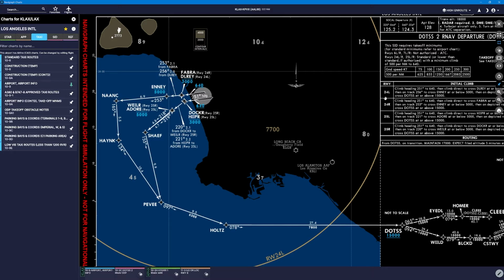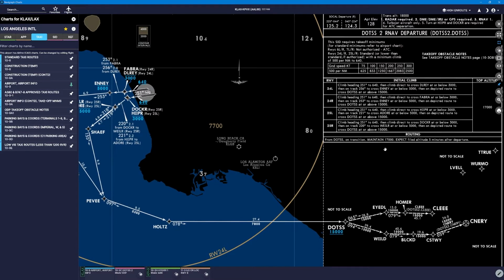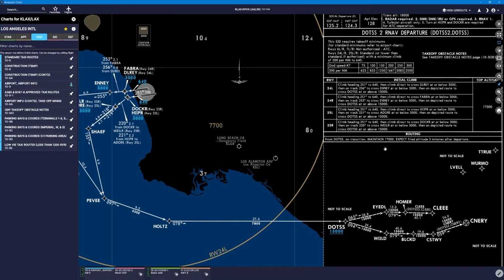Now if we come over here, 24 left is right here, and there are instructions that we are not going to really get into. But there are instructions on the initial climb when you take off, as well as general routing instructions. So first thing you want to do when you look at a departure is ask, what do I have to do if I'm taking off from runway 24 left.